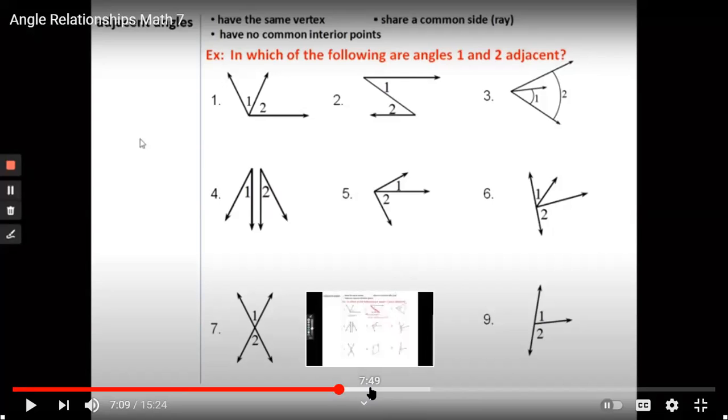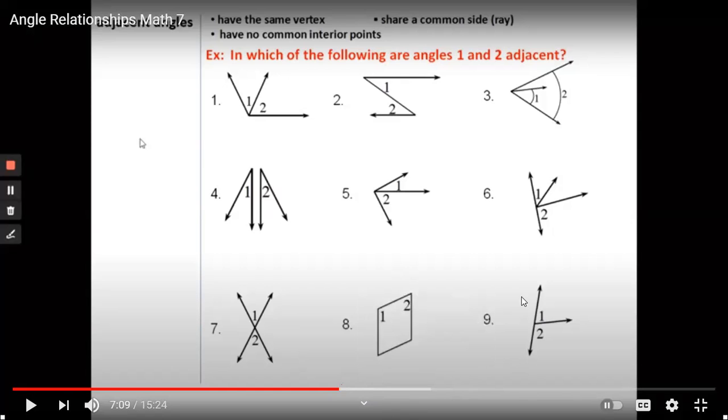Number 7, adjacent or not? Number 7 is an example of what? No, they are not adjacent. They have a common vertex, but they don't share a common side. Okay? So please watch and I will come back to you again.